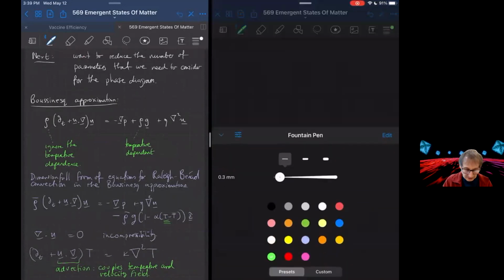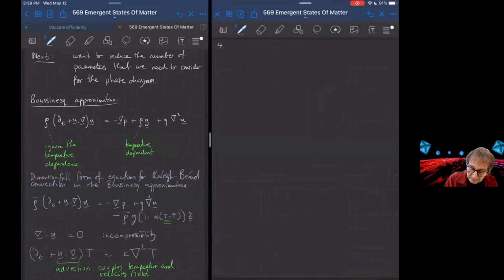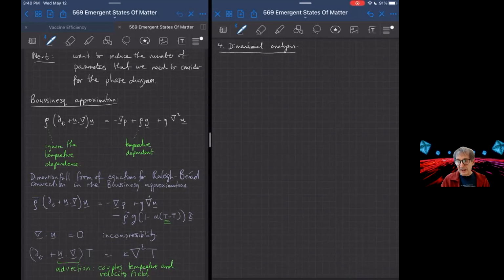Okay, so now let's talk about dimensional analysis. So I know you've done this many times in the past. You learned it on your mother's knee, but let's do it in a little bit of a more systematic way. So what is the basic idea? So the basic idea is to reduce the parameter space of the problem.